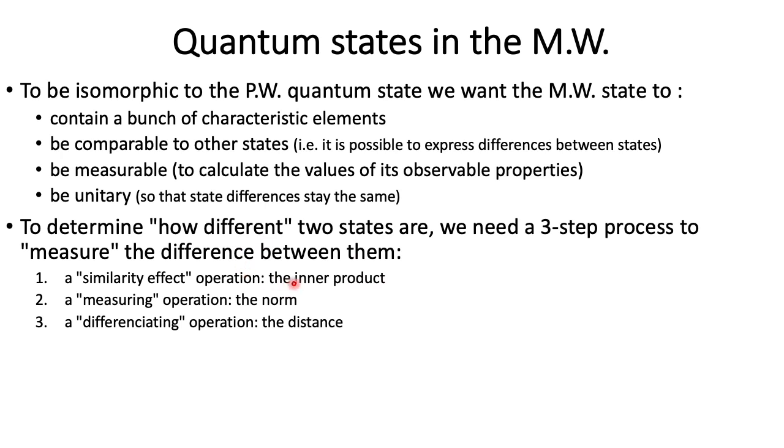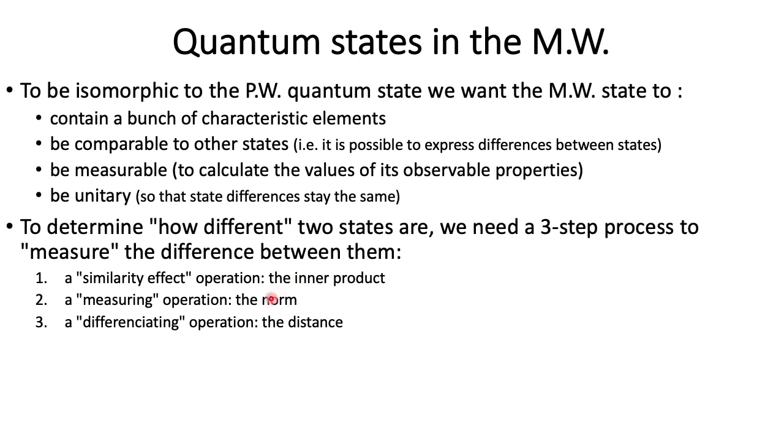But basically, you have to add a certain operation which will take as an input two vectors and will output a number that will characterize a given property. Here, it will characterize the amount of difference between two states. And the inner product is a very good tool for that.